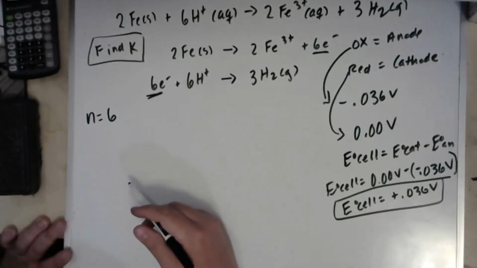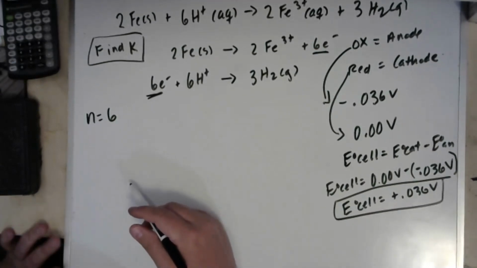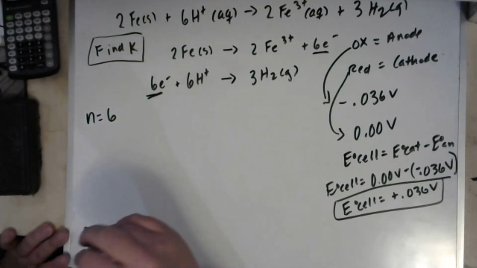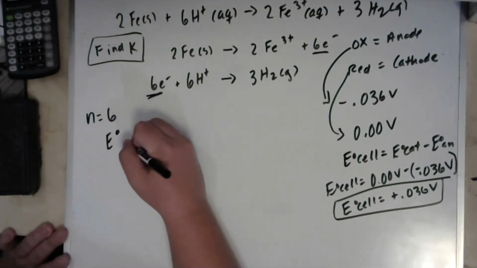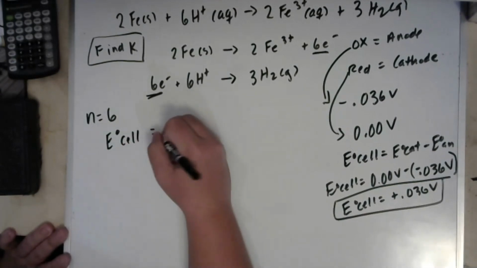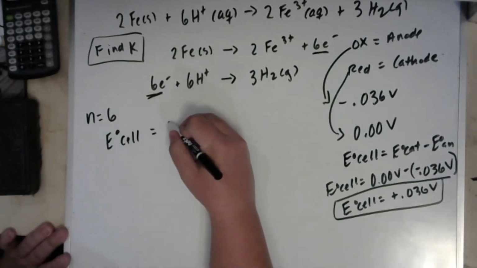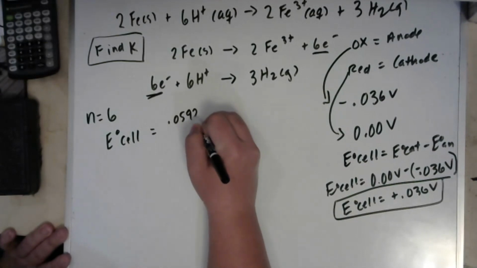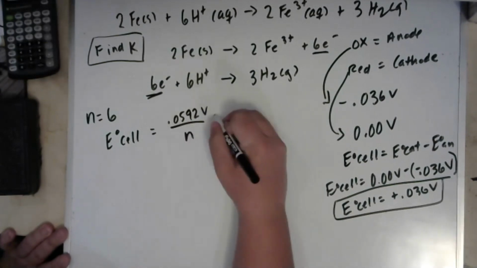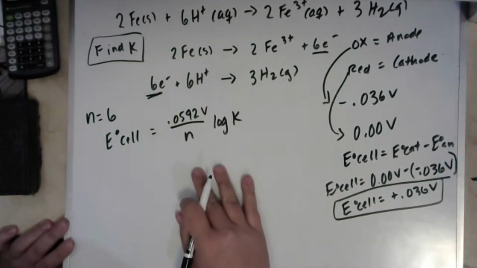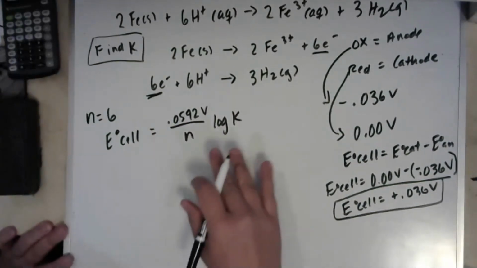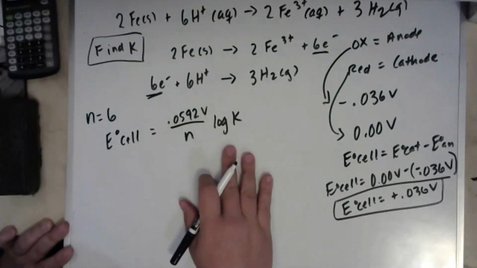All right, now we can do our K calculation. We have everything we need. So we write out our equation. Another thing you can do when you're going to solve this, you can just rearrange this equation before you even start so that you're solving it for the log of K instead, right?